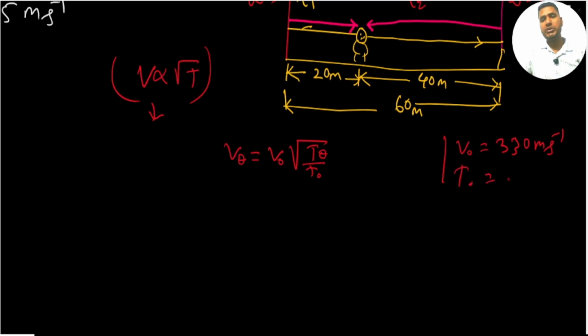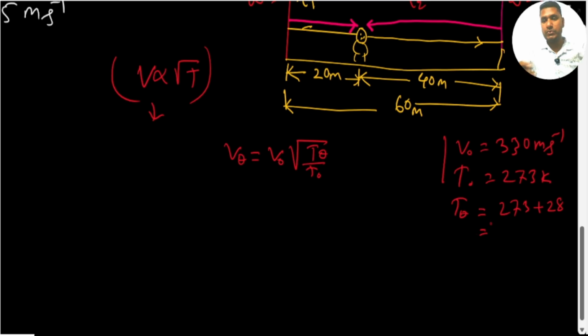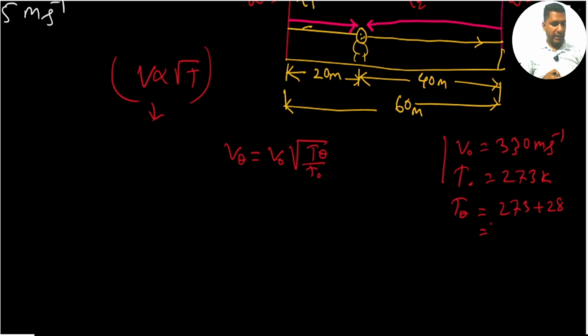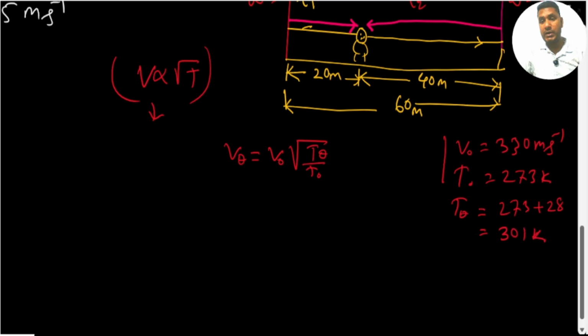T naught is 273 Kelvin, and T theta is 273 plus the given temperature in Celsius. 273 plus 28 equals 301. T theta is 301 Kelvin, and V theta we have to calculate. That means at 28 degree Celsius, the velocity of sound is V theta.